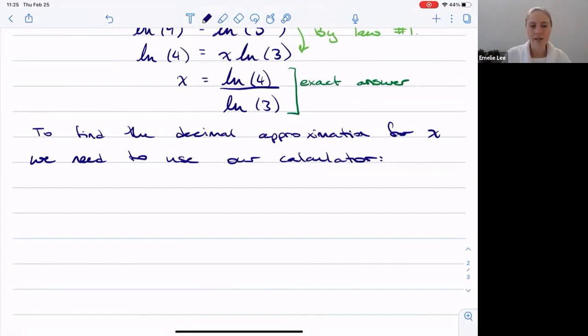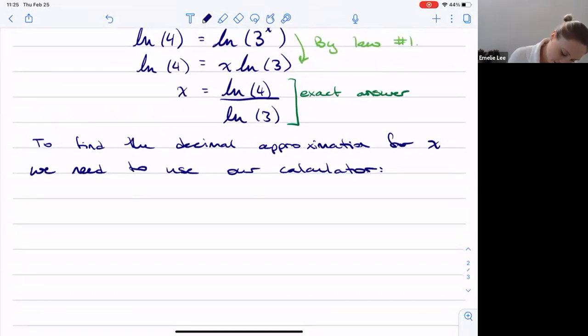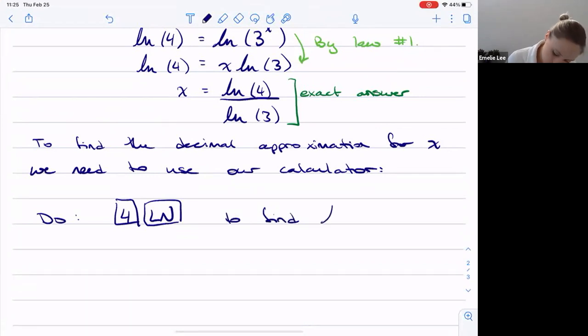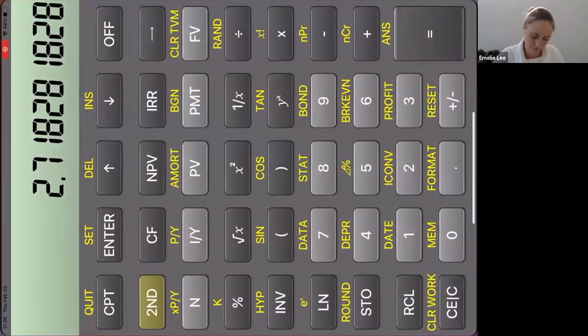So to take the ln of 4, we have to first have 4 on the screen and then hit the ln button. So here, do 4 ln to find the log of 4. So I'm going to go to our calculator. I'll just use the one I have here.